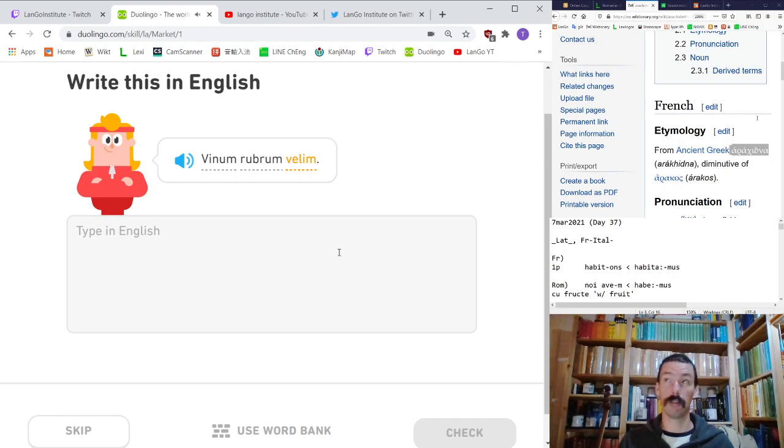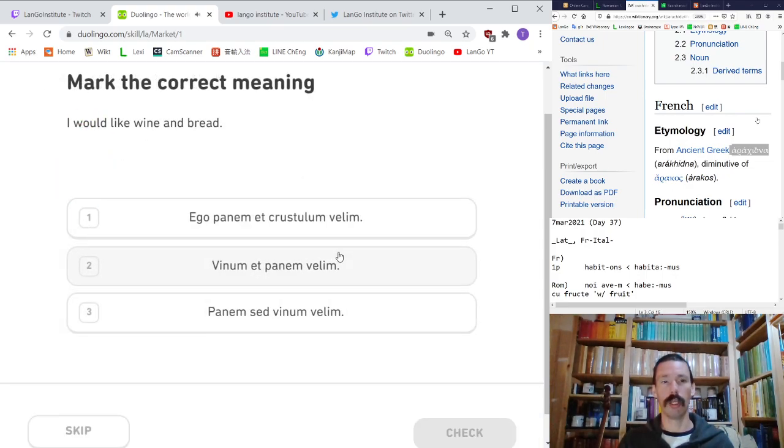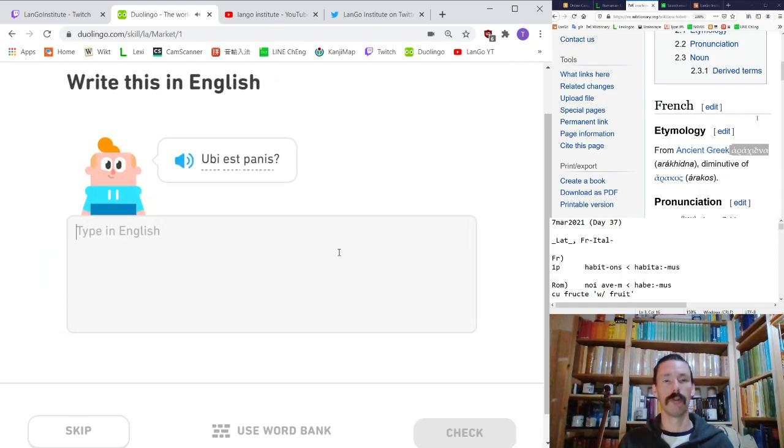This is, I think, a subjunctive form. It's more hypothetical. Red wine, I would like. I would like wine and bread. Vinum et panem velim. All ending in M there. Ubi est panis? Ubi, where; est panis, is the bread.